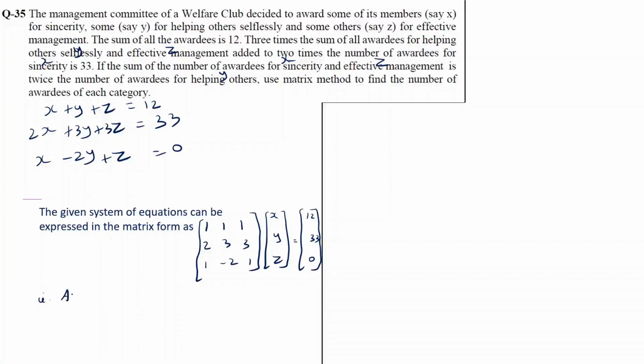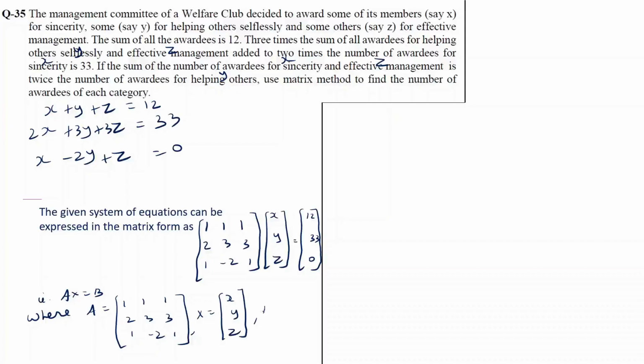That is AX equal to B, where A equals the coefficient matrix 1, 1, 1, 2, 3, 3, 1, minus 2, 1, X is the variable matrix X, Y, Z, and B equals 12, 33, 0. So let us take this as 1.